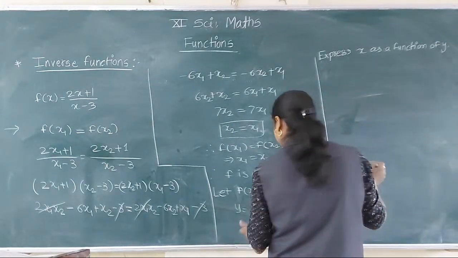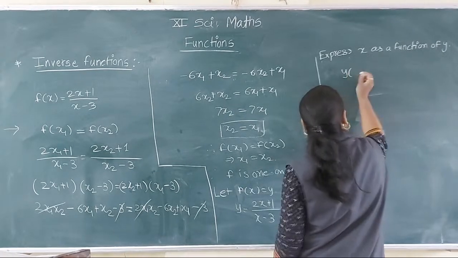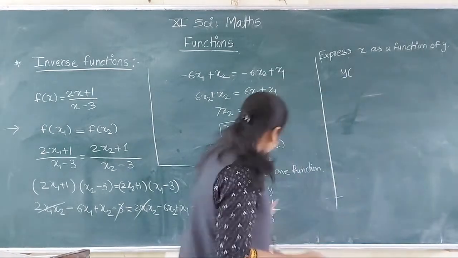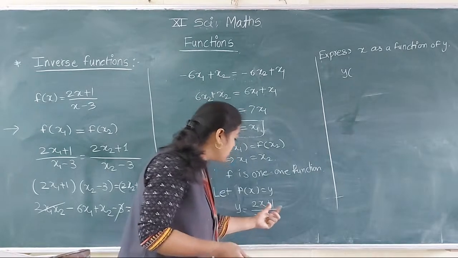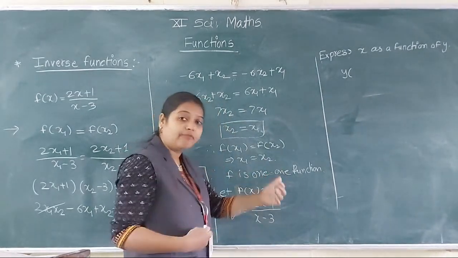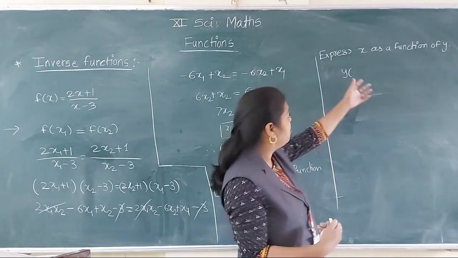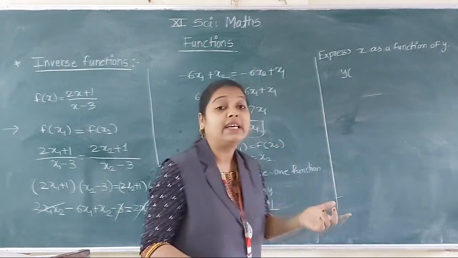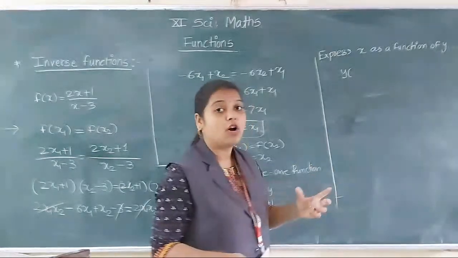Okay, then here y is equal to 2x plus 1 upon x minus 3. What we have to do is express x as a function of y. If we are able to express it, then we say that the function is onto.